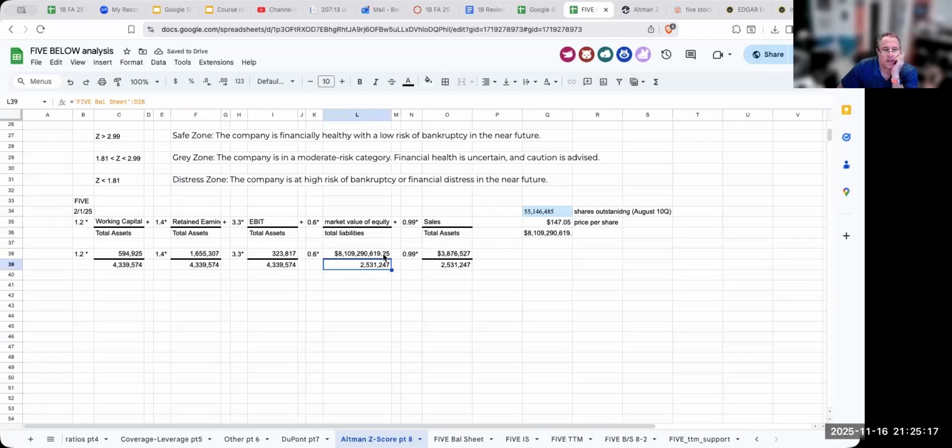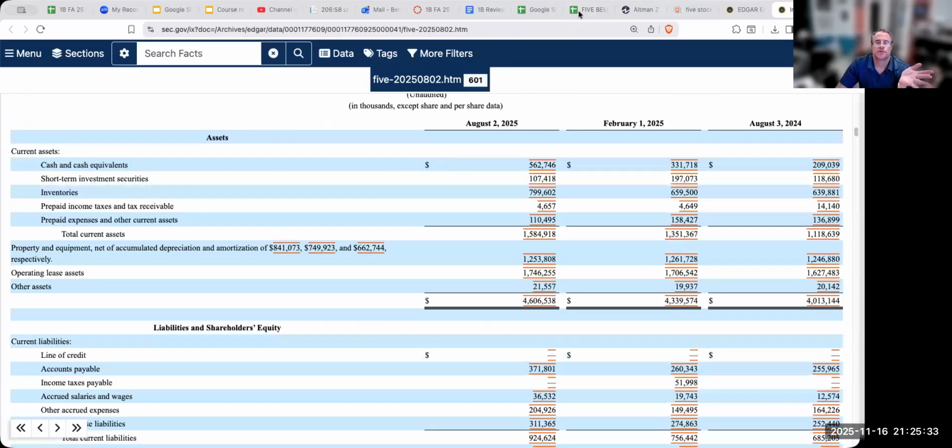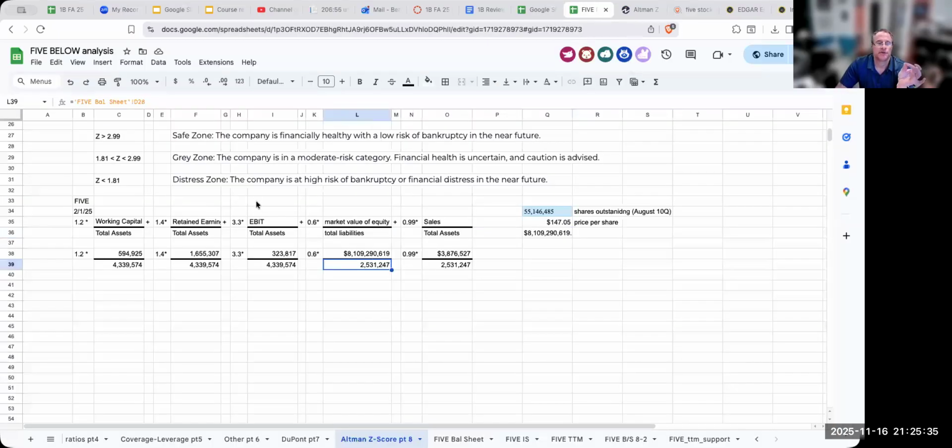Now here's the problem. This here is in absolute dollars, and this number here is going to be in thousands. I want to be really careful because these are amounts in thousands. Because these here are all in thousands, I'll multiply this by 1,000.